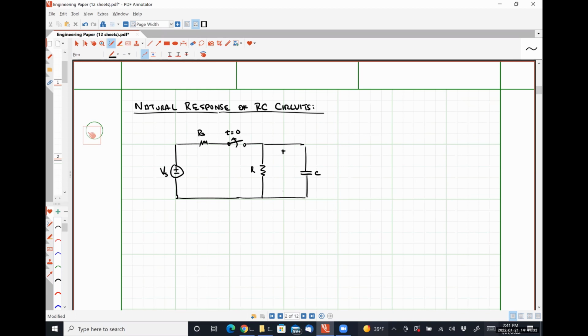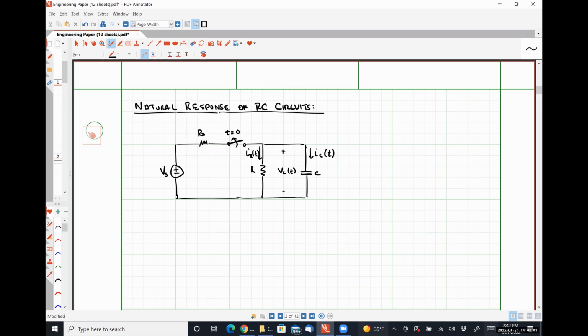Let's call this voltage Vc of t. It is the voltage drop over the resistor as well, but let's just call it Vc of t for right now. Let's call this current Ic of t, and this resistor IR of t.